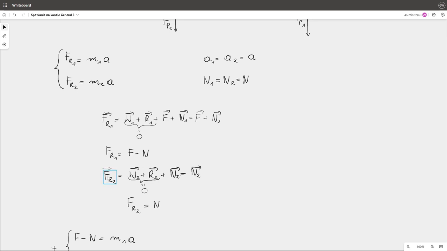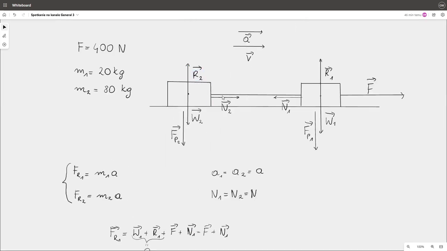Resultant force Fr2 equals weight W2 plus normal force R2 plus N2. Weight and normal force cancel each other, so it is equal to N2. And magnitude of resultant force Fr2 equals N. It is sum of N2, R2, W2.